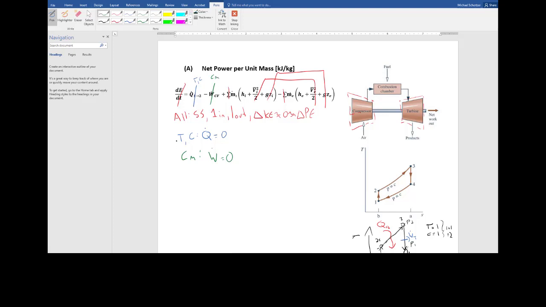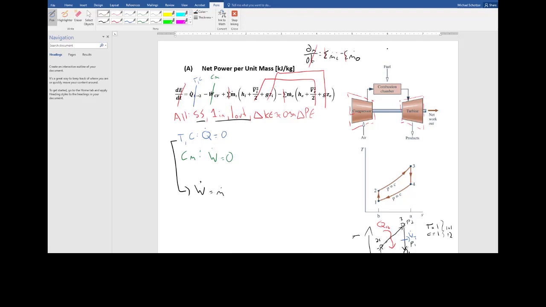But what this is going to tell me for my turbine and my compressor, so W dot is going to be m dot. The other thing that I know here, which sometimes I don't write down, is that dm by dt is equal to the sum of m dot in minus the sum of m dot out. But I said already for all of these components, they're all steady state with 1 inlet and 1 outlet.